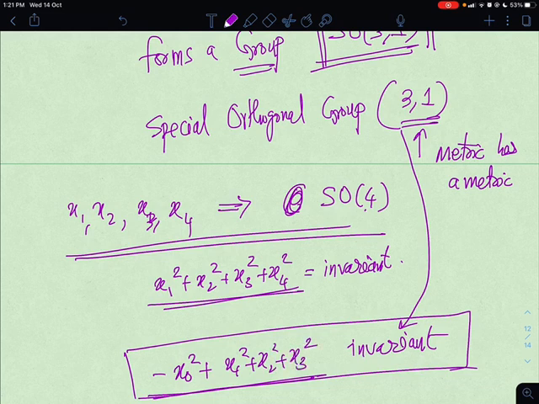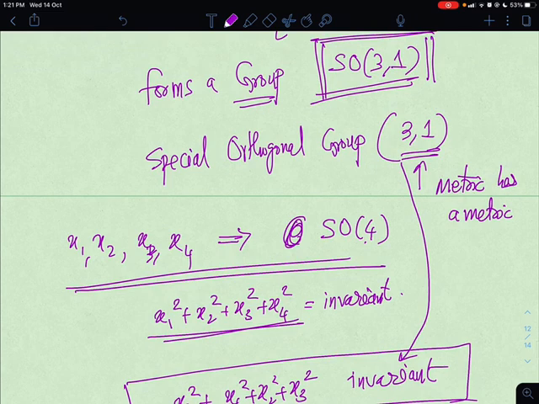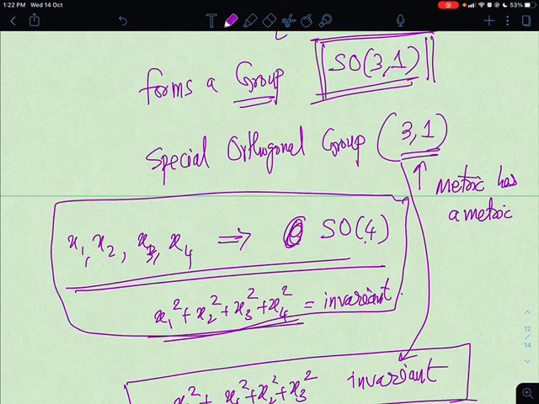Because of this minus sign, to distinguish the length of the vector which is invariant, we call this group SO(3,1), whereas for normal rotational groups, if you have 4 dimensions and all 4 are normal vectors, x, y, z and some z prime, this gives a group called SO4.